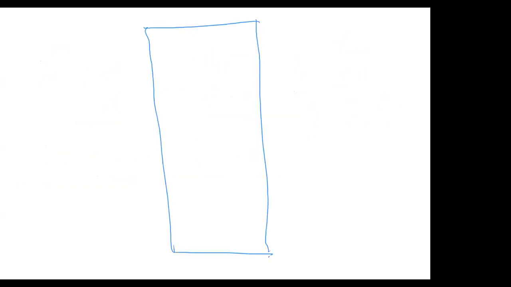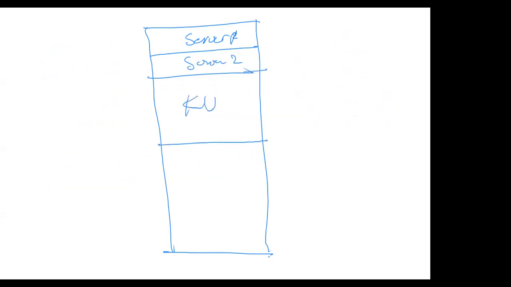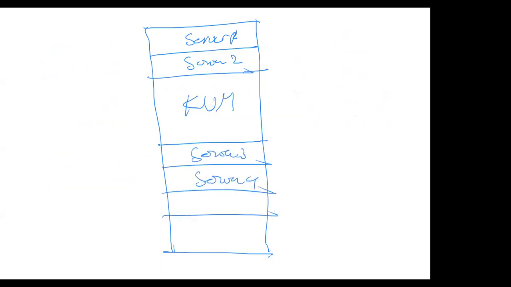Usually, you will find a rack like that. Here you will find server 1, server 2. Then you will find one space here. You will have a KVM. Then server 3, server 4, server 5, server 6, server 7.